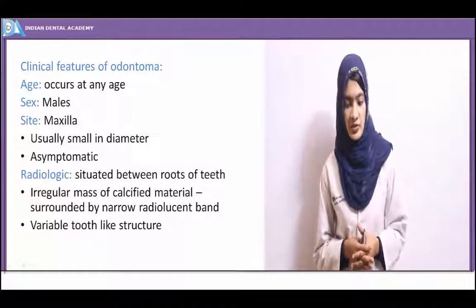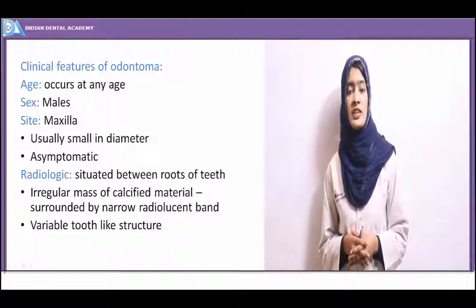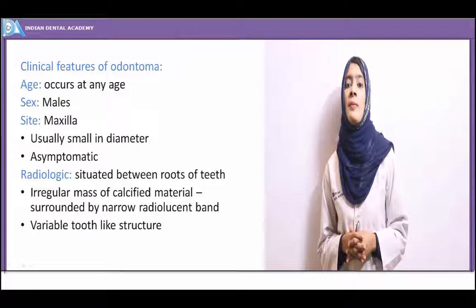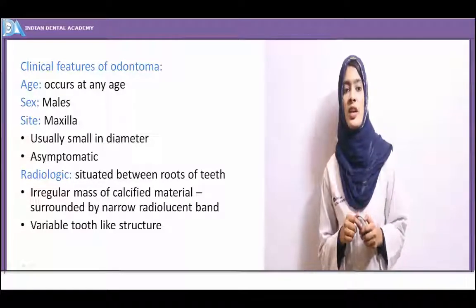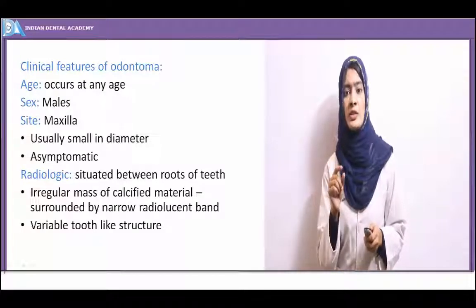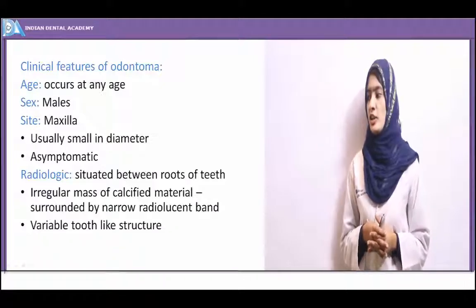The clinical features of odontoma: it occurs in very young individuals, about 18 years of age. There is no sex predilection, though sometimes males are more commonly affected. The maxilla is more commonly involved, and whatever calcified tissue is deposited is very small in diameter, not exceeding the diameter of a tooth, and it is asymptomatic in nature.